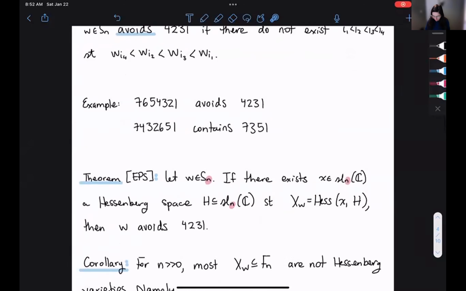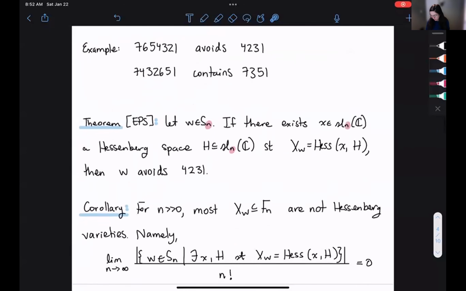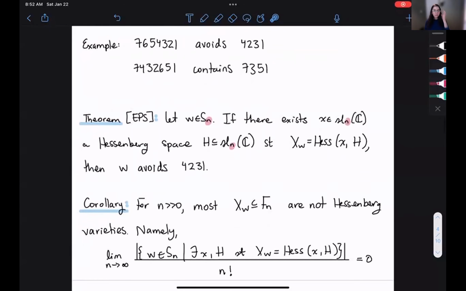Now, when you have pattern avoidance, those are nice results because there are classical tools that let you quantify how many Schubert varieties can be Hessenberg varieties, or how many permutations avoid a certain pattern.